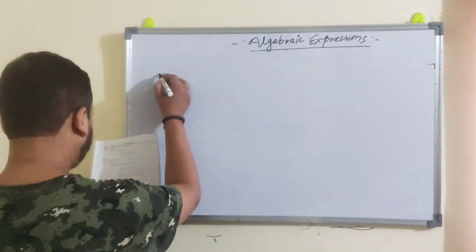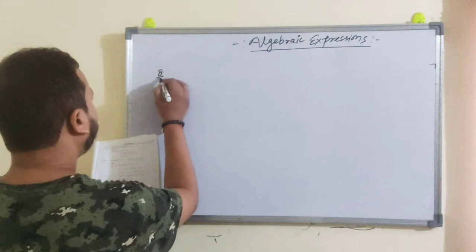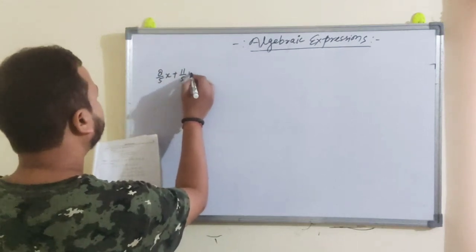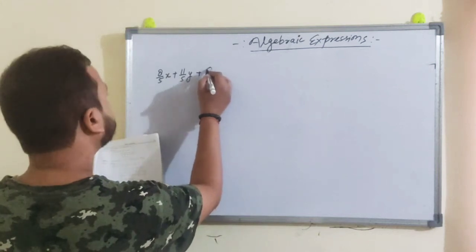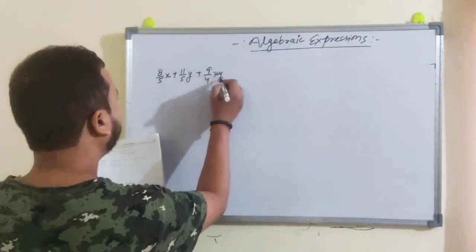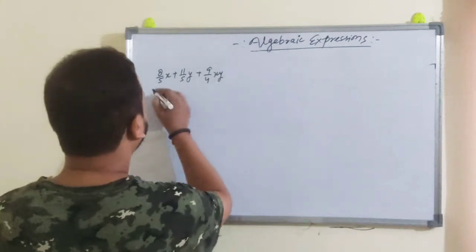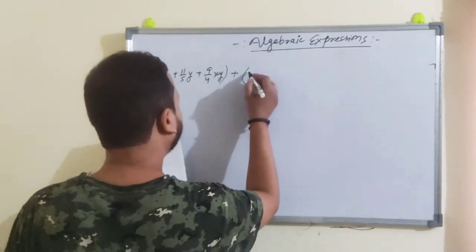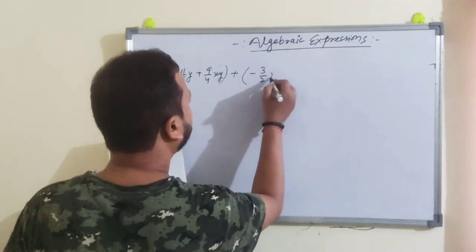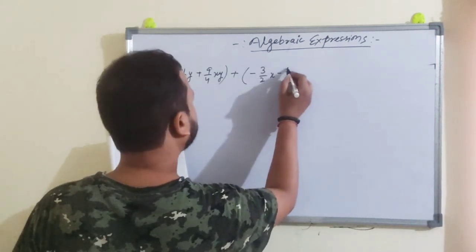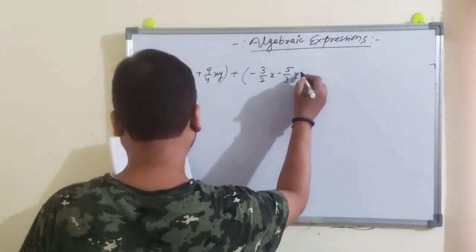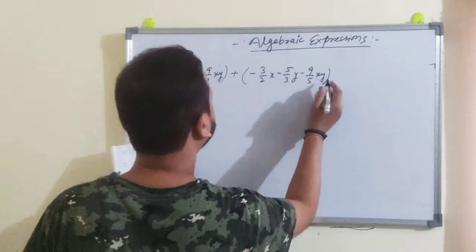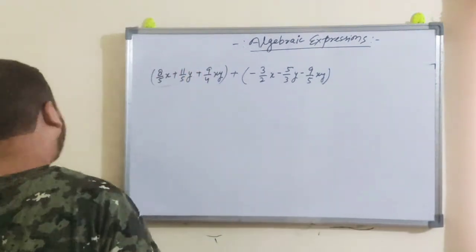The question is given: you have to add 8 by 5x plus 11 by 5y plus 9 by 4xy, plus minus 3 by 2x minus 5 by 3y minus 9 by 5xy. So now we have to add.